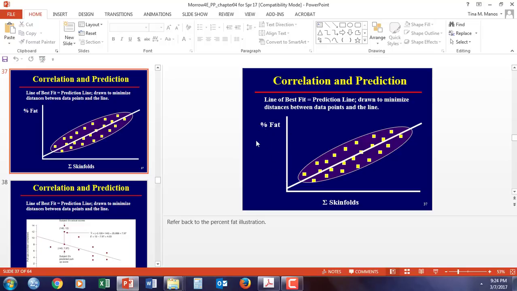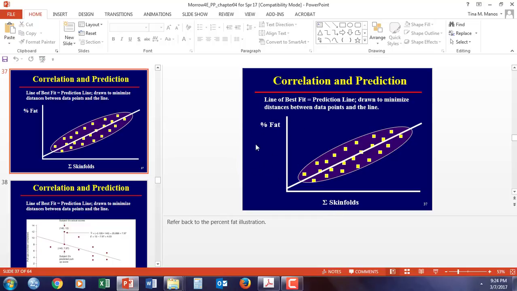So in this case, the criterion or the gold standard measure might be percent body fat determined by DEXA or underwater weighing.